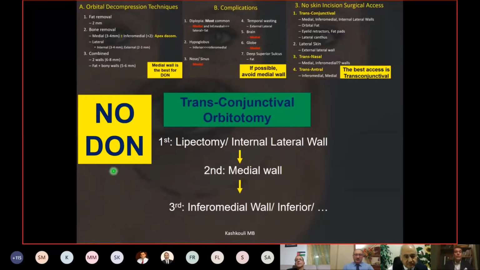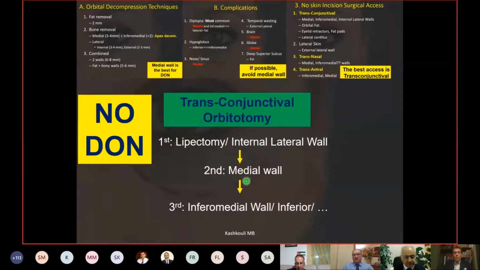But with no DON, based again on the three pieces of information of complication, access, as well as the incision, we still go transconjunctival orbitotomy, but now medial is our second choice if the proptosis is very significant. Cosmetically we prefer to first go infratemporal fat decompression, like lipectomy, as well as adding internal lateral wall.